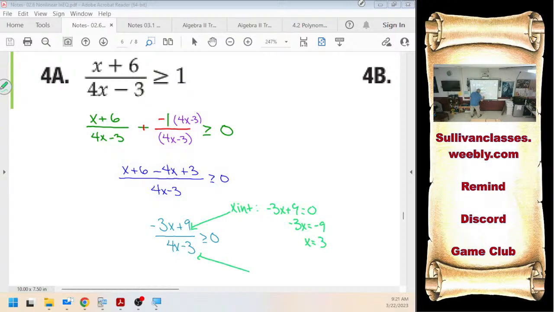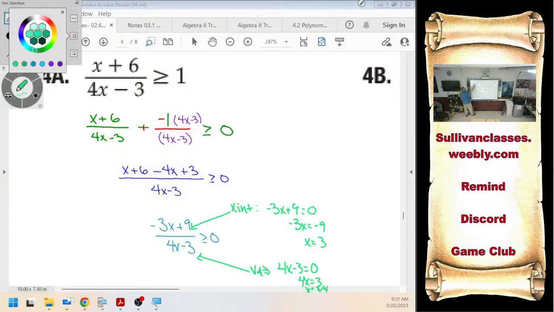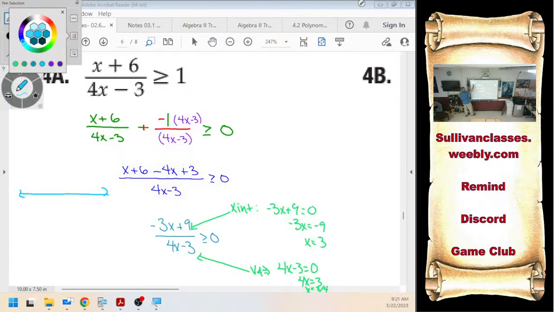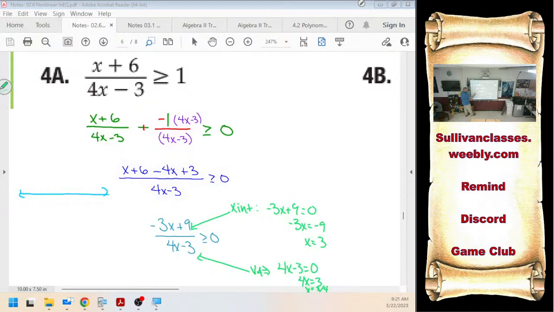My vertical asymptotes come from the denominator. I'm making my number line and say I've got an x-intercept, so I'll make a dot at 3. I've got a vertical asymptote at 3/4.